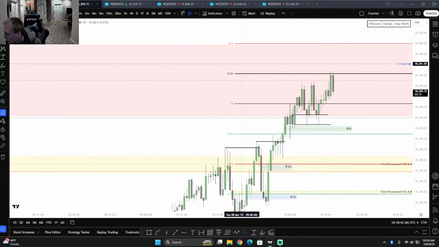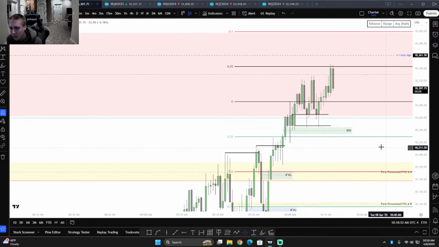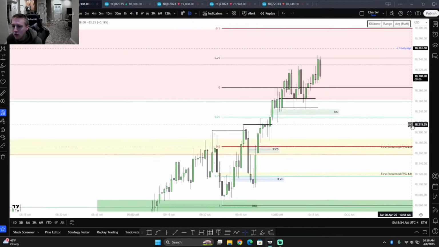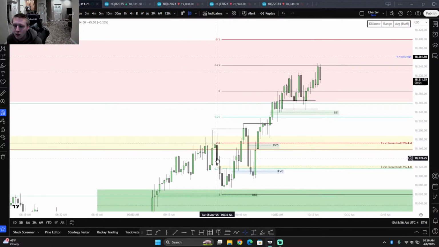I believe they created the same first presented fair value gap. No. Almost. They almost created the same first presented fair value gap. ES created it on the 9:35 candle.